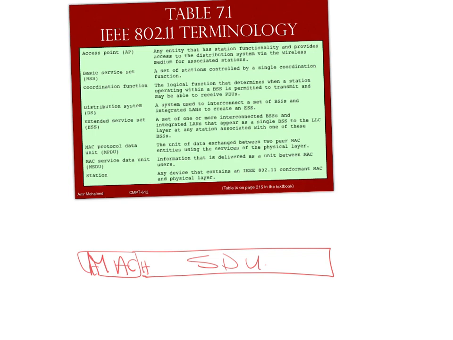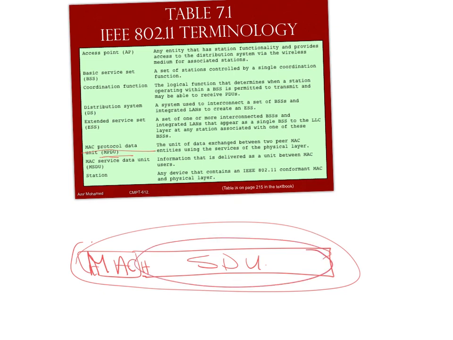From the wireless perspective, this is the protocol data unit. It's composed of the MAC header and the service data unit. So all of this is called the MAC protocol data unit, and this part is called the service data unit. Is that clear?